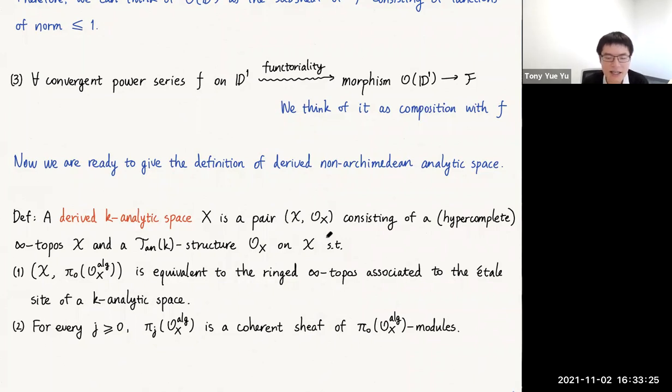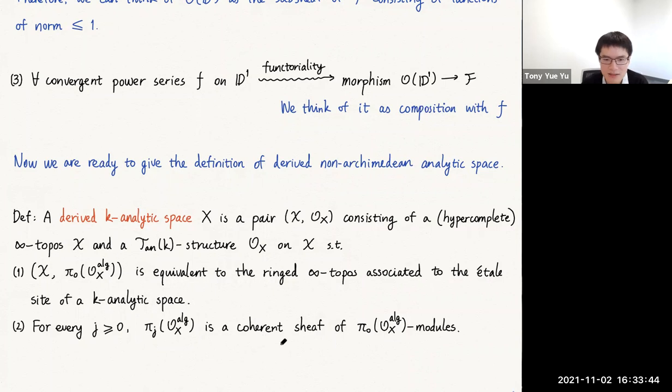So in algebraic geometry, we had quasi-coherent sheaf. In analytic geometry, quasi-coherent is more complicated to work with. And here we just put coherent sheaf, which is sufficient for our purposes.